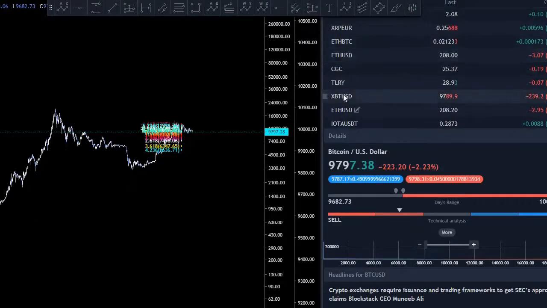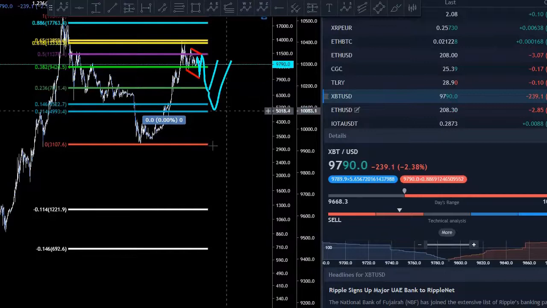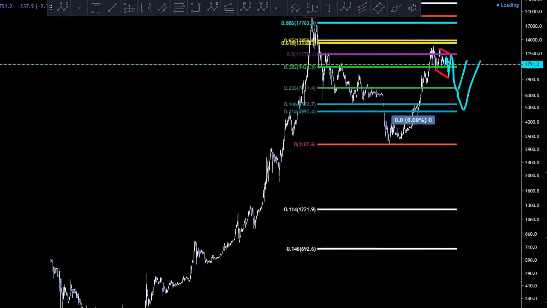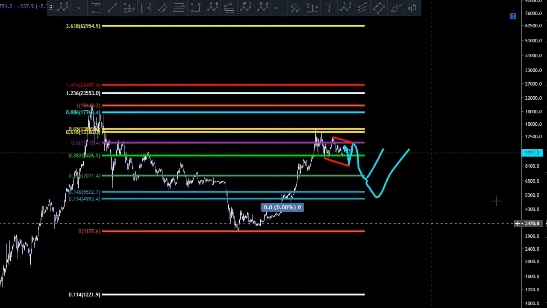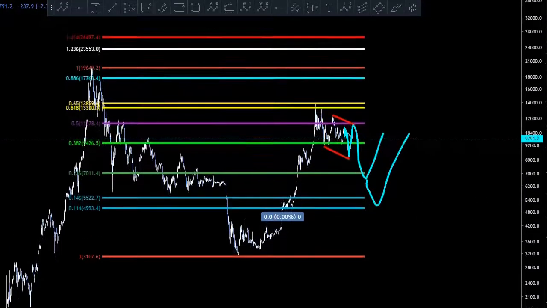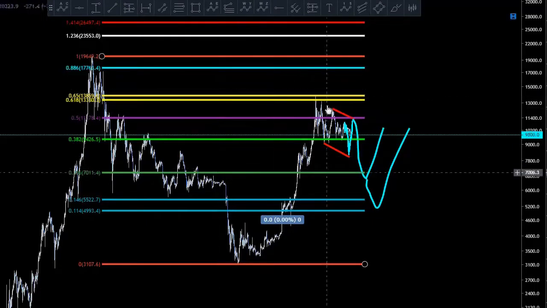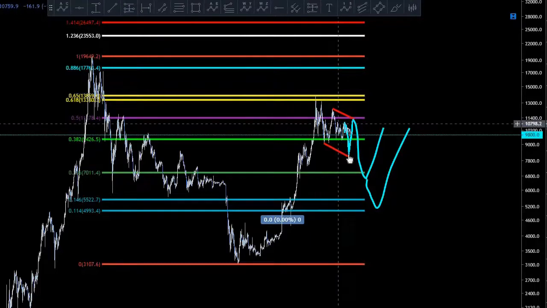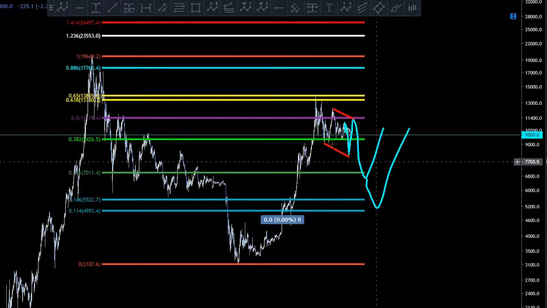Let me pull back the Bitcoin chart we were just on. Let me show you this one. So if you go back in the video from earlier, I said we need to do A, B, C, D, E, and then fall back down.